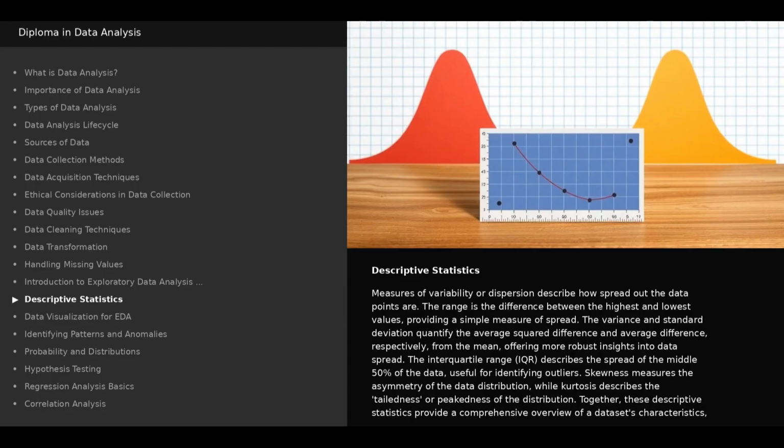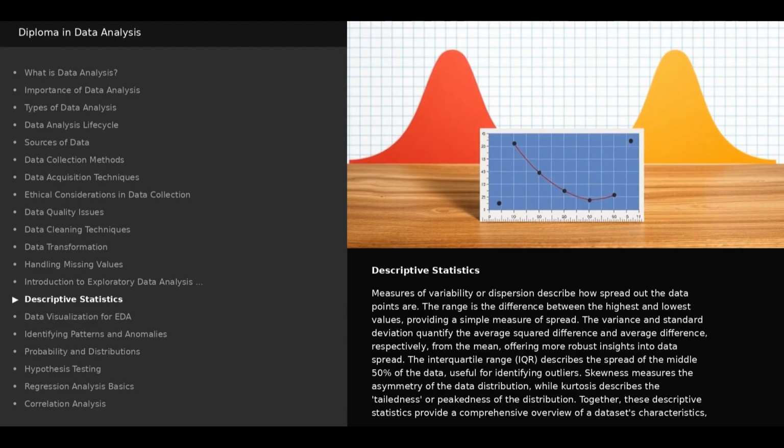Measures of variability, or dispersion, describe how spread out the data points are. The range is the difference between the highest and lowest values, providing a simple measure of spread. The variance and standard deviation quantify the average squared difference and average difference, respectively, from the mean, offering more robust insights into data spread.